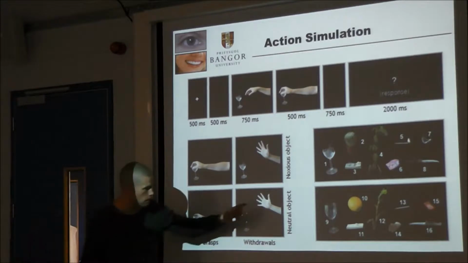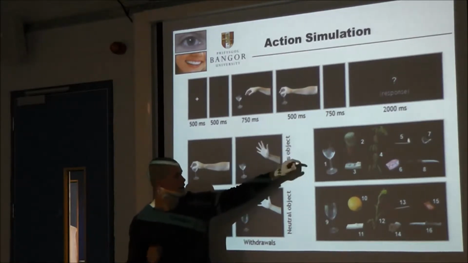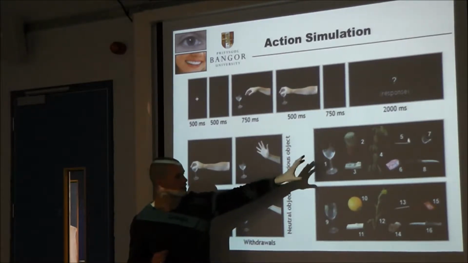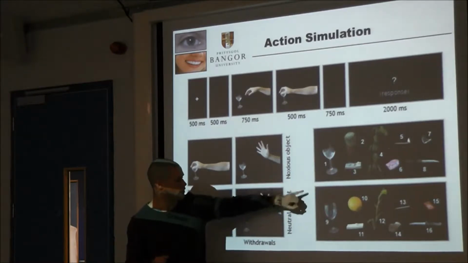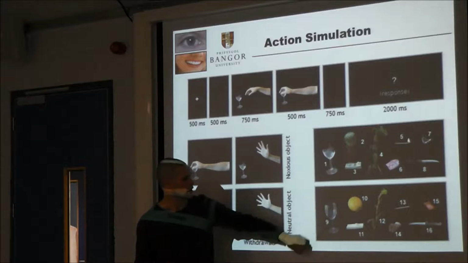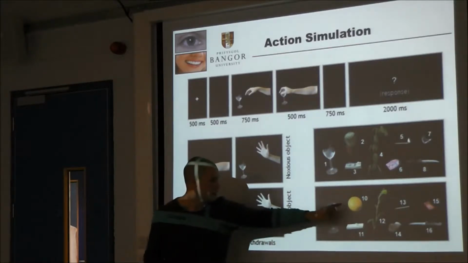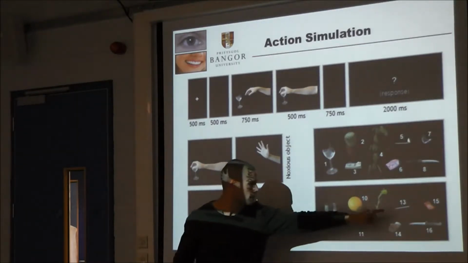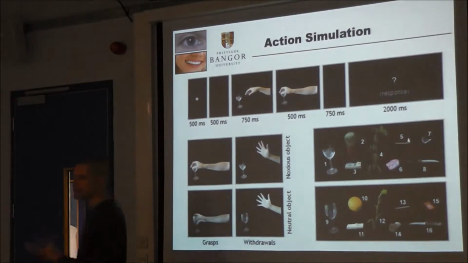The objects are either noxious objects like broken glasses, stinging nettles, knives, or they're non-noxious and neutral objects, things like oranges, glasses that aren't broken, a piece of stone or a ketchup packet. So they're either safe things or things that are going to induce pain.